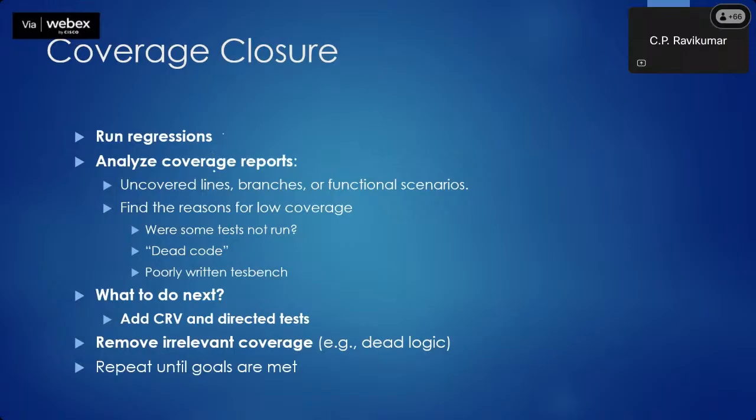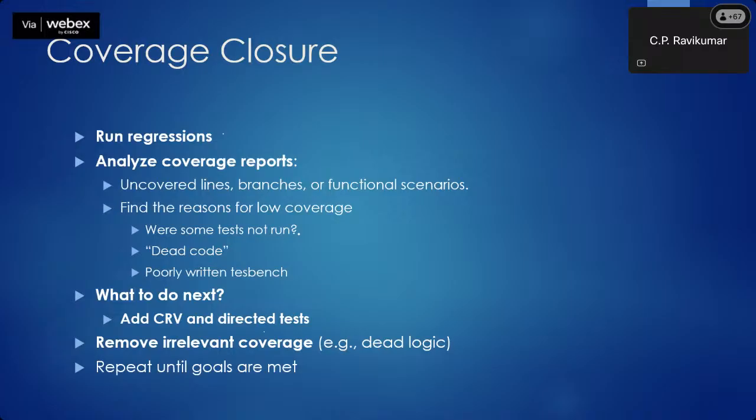Once the regression test is complete, you have to look at the coverage reports. If the coverage is not satisfactory, you have to look at all the reasons. Maybe some regression tests failed. When you schedule all these regression tests one by one, maybe something went wrong in that scheduling and some tests were not run at all.